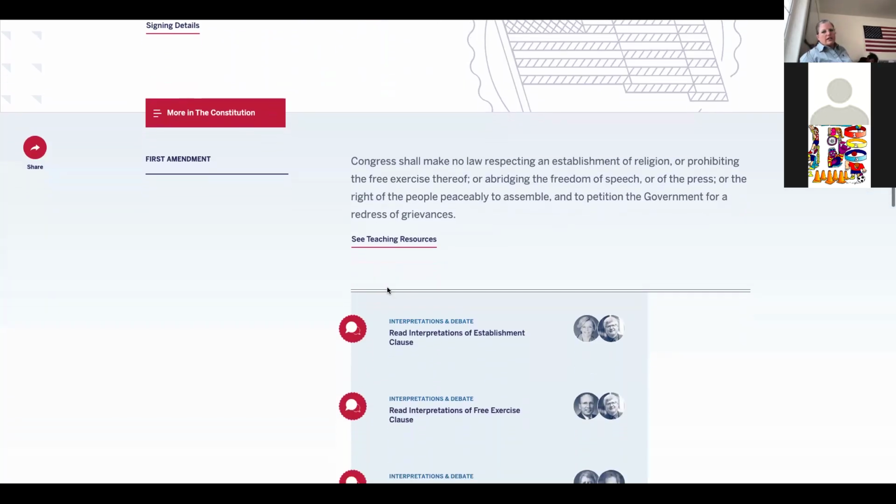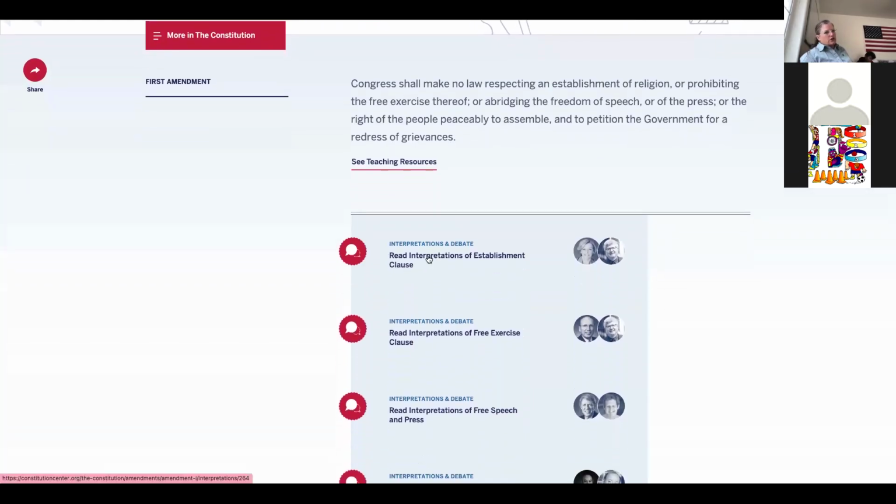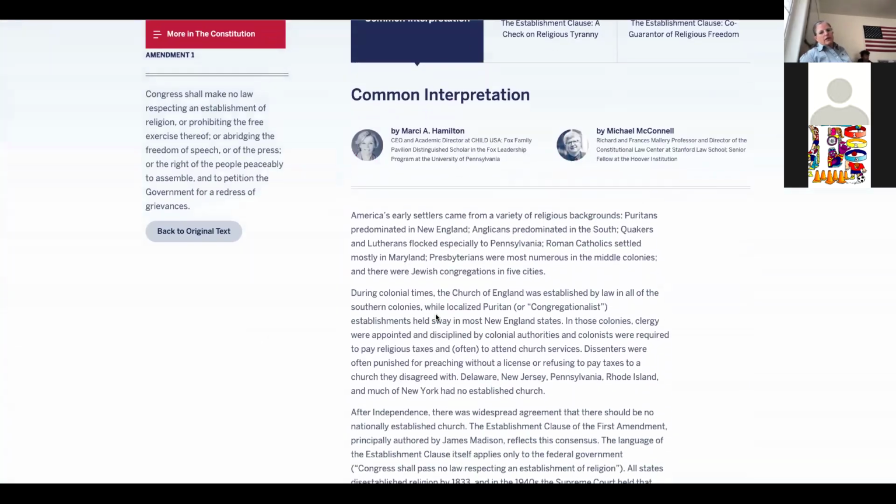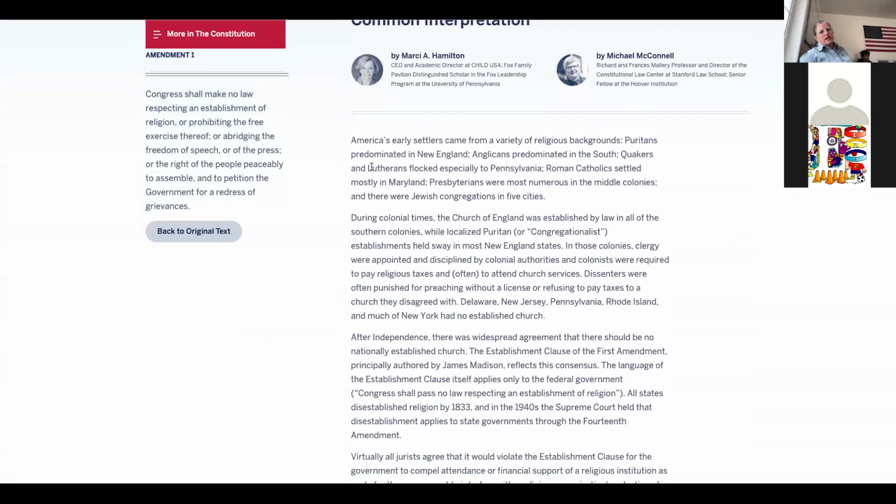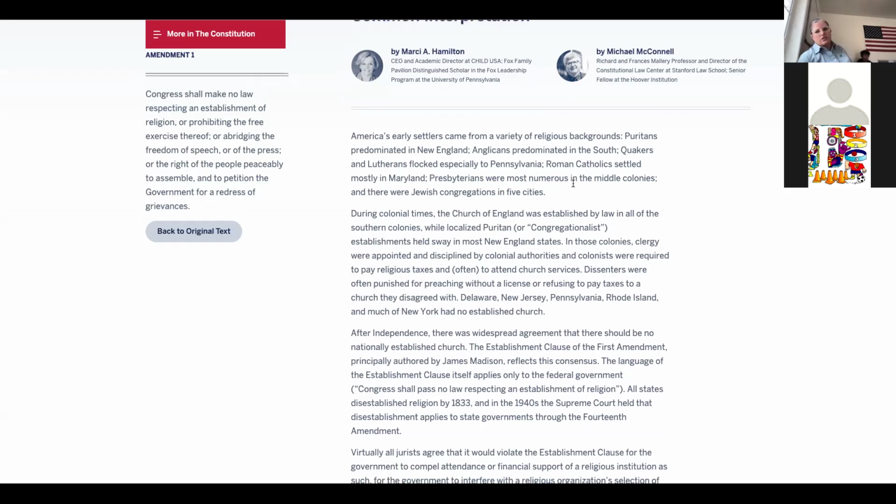And then you're going to click on the first interpretations and debate link on whatever amendment you're looking at. When you click it, it will go through the history of the First Amendment, like this one. America's early settlers came from a variety of religious backgrounds. So it's telling you the background for the First Amendment, and how it got established.